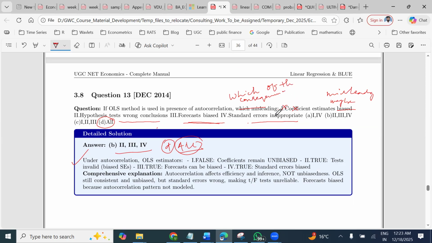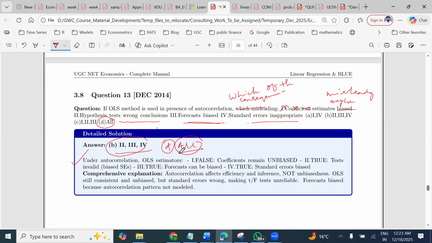But this is not a consequence, no? How can coefficient estimates be biased? They are unbiased, right? So this is not correct. Yes, that is what I am trying to tell you. So then only the second, third, and fourth will actually be true.